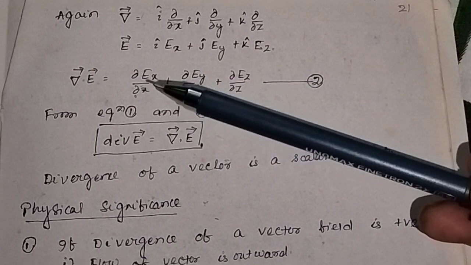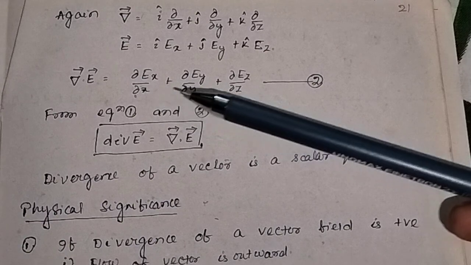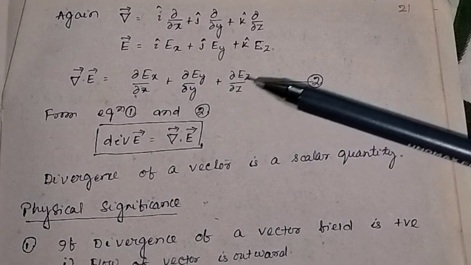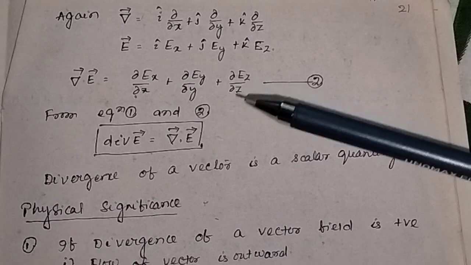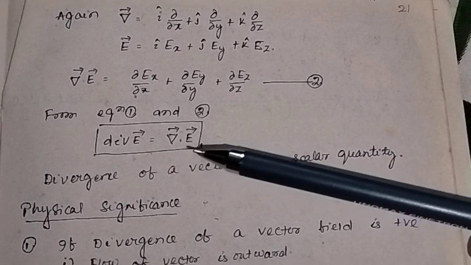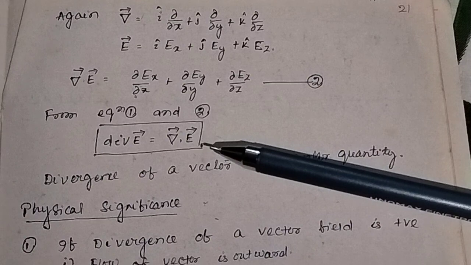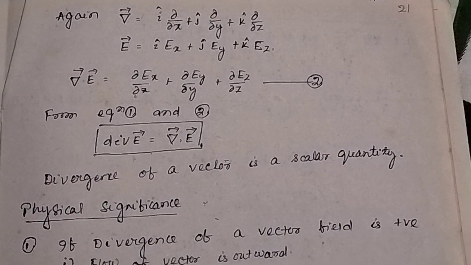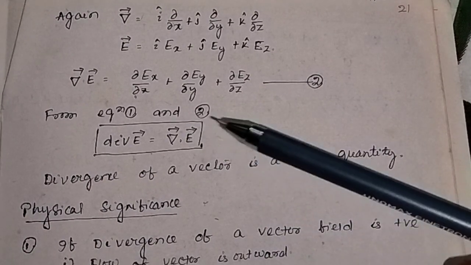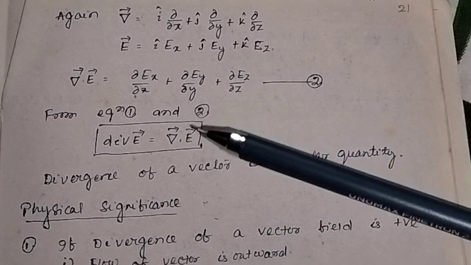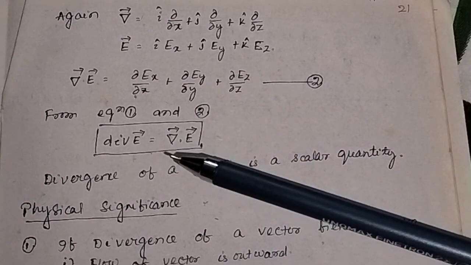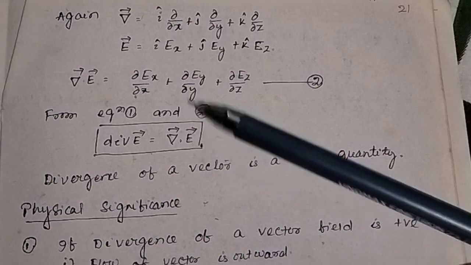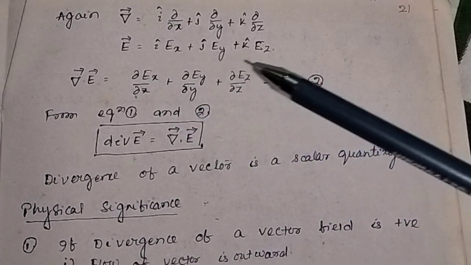So this will be equal to del Ex with respect to x plus del Ey with respect to y plus del Ez with respect to z. So if you compare equations 1 and 2, then divergence of E will be equal to del dot E. So you have to remember this equation, what is del dot E and what is divergence of E. Both are the same. Divergence of E is equal to del dot E, and that is equal to this value.